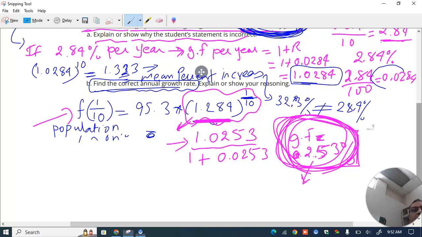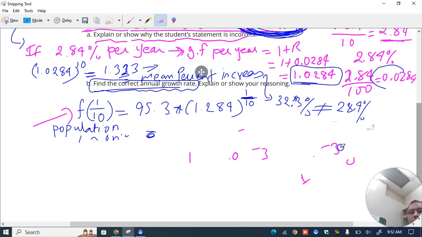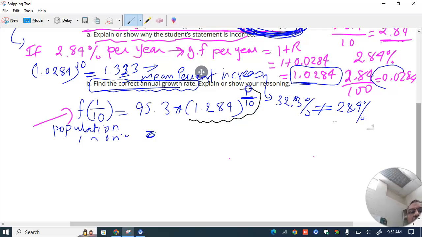Okay, let me show it one more time because this is just too much stuff here. So let me clean this. Okay. So I was saying that for a growth factor for 1 year, this piece that you see here, this is the growth factor for 1 year.